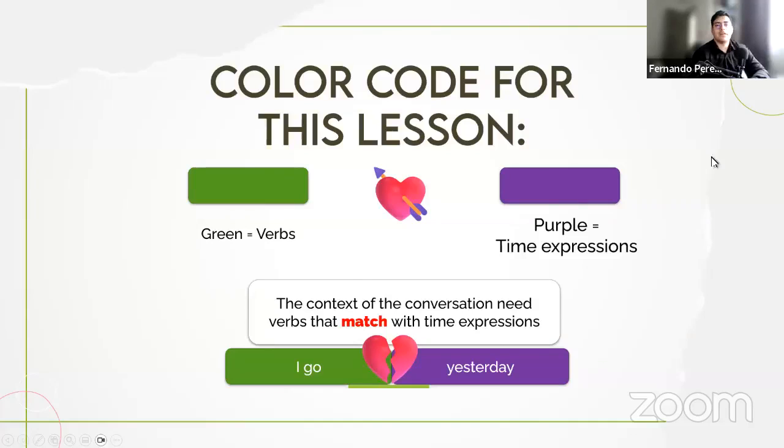Last class, we talked about green and purple. This is going to be the basics of this lesson. And it says over here, the context of the conversation, verbs that match with time expressions. So if you have the time expression yesterday, you cannot say go. Do you agree with me?